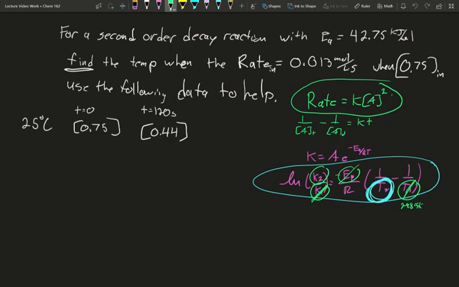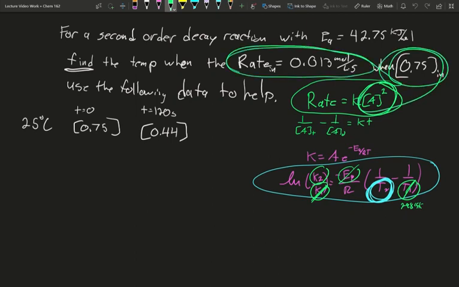So if I know what my initial concentration is supposed to be, 0.75, and I know what the rate at that temp is going to be, I can solve the K for that temp. Now, it doesn't tell us what the temperature is at the moment, but it does mean that at whatever temp you get that rate of 0.013 for starting concentration of 0.75, we can solve that K, which means we can get K2.